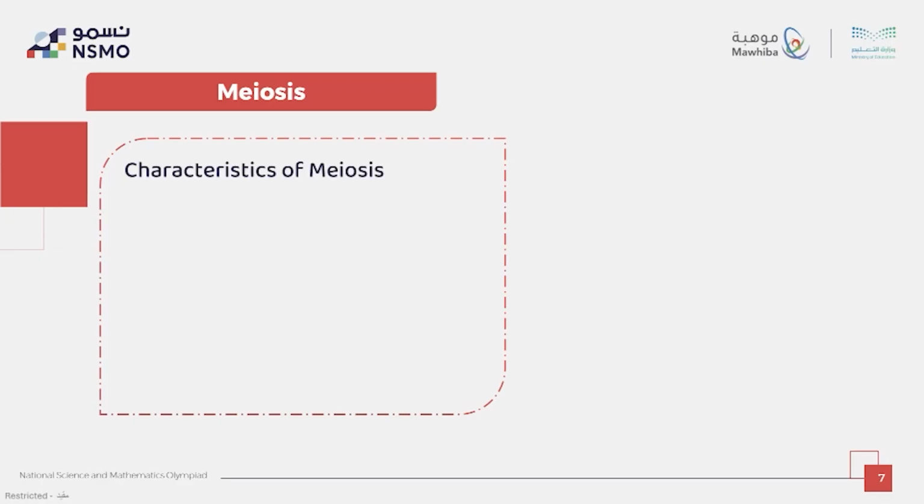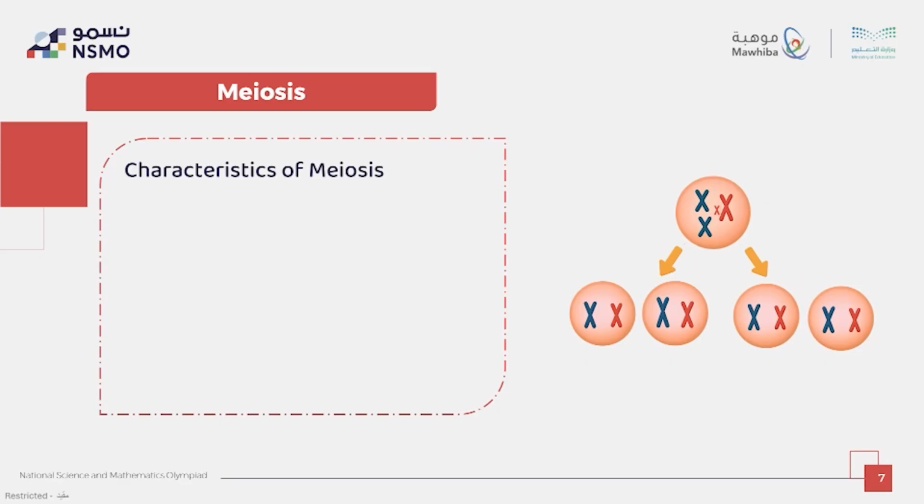And let's look at this diagram. This diagram represents meiosis where homologous chromosomes separate, resulting in 4 cells, each cell containing only one set of chromosomes. Also, if you see here, there are 2 colors, red and blue.